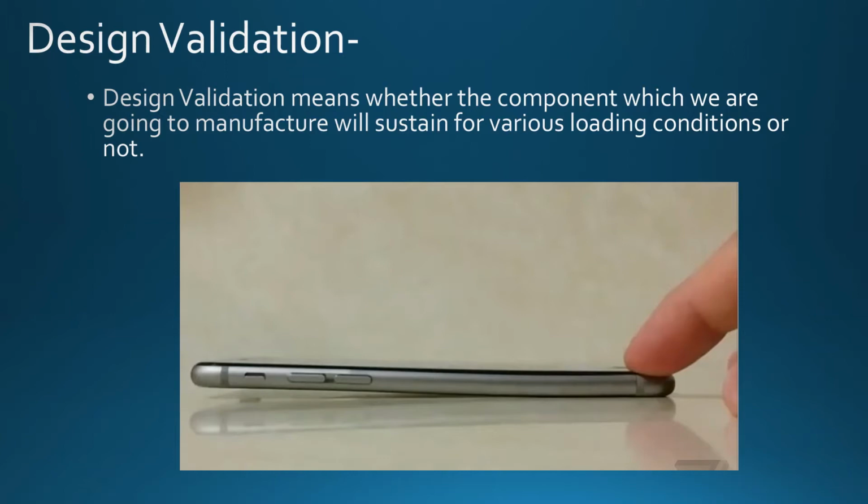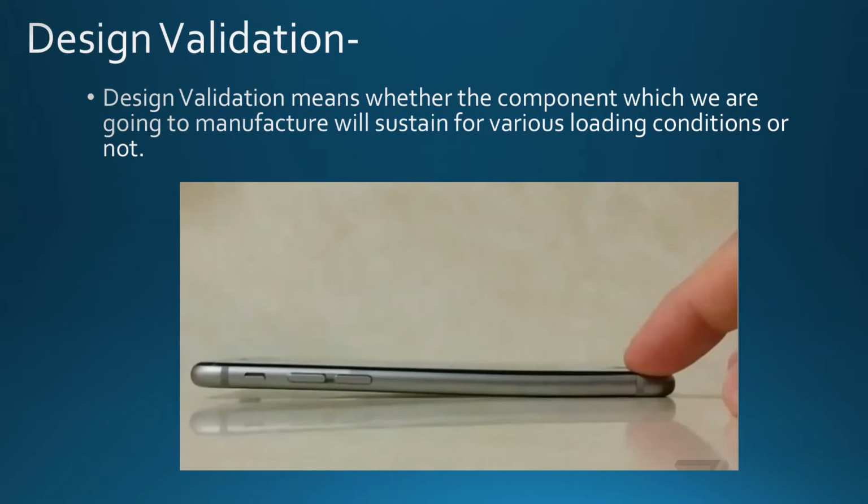Apple for sure considered it and faced the criticism, and then the company redesigned it and changed the composition of the aluminum. They added some amount of copper into it and launched it again as the iPhone 6s.